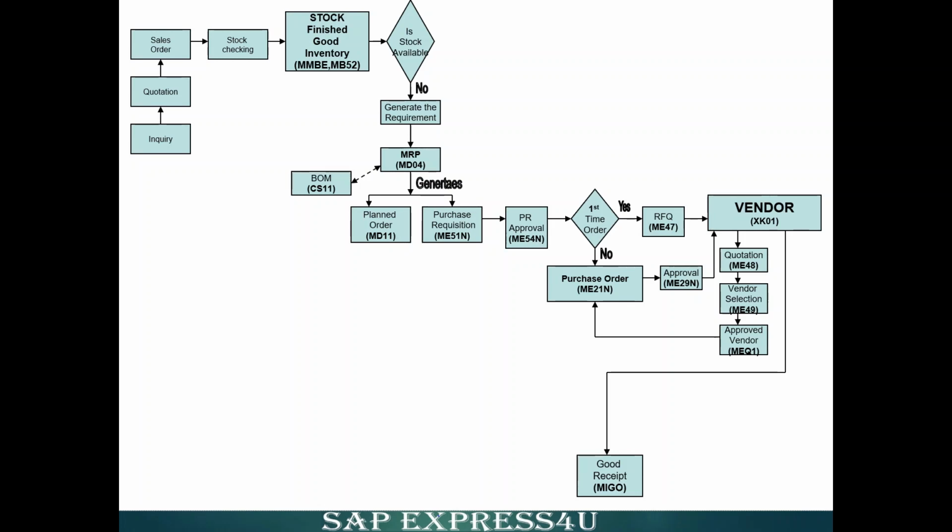Okay, so after you receive the goods, definitely you cannot go ahead without a quality check. For that quality check, there are transaction codes like QA32 and QA11. Through those transactions you do the quality check.